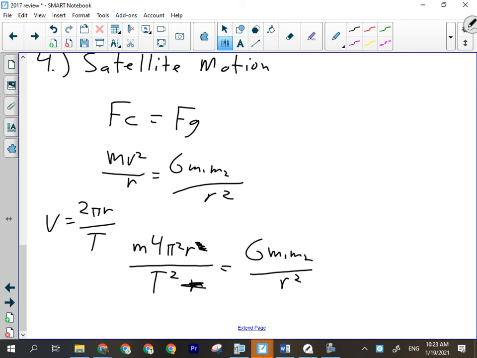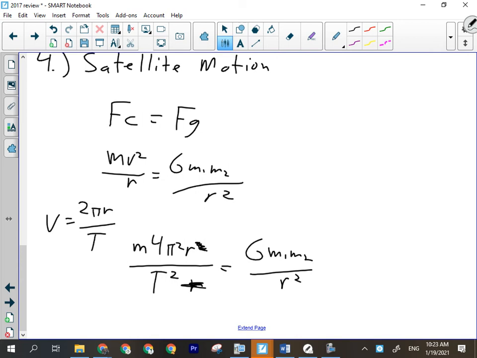Is that ringing a bell? I got masses on both sides. What happens to one of them? One of them cancels. Which one cancels? The orbiting mass or the central mass? The orbiting mass. The orbiting mass cancels because all things fall at the same rate.